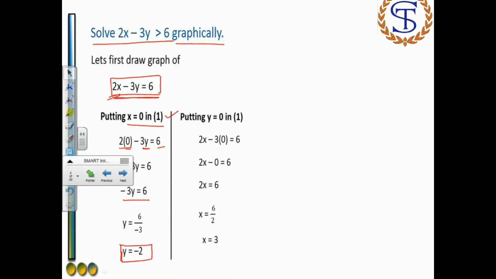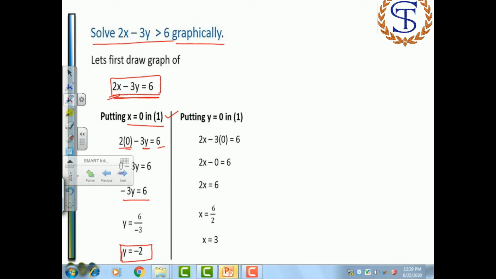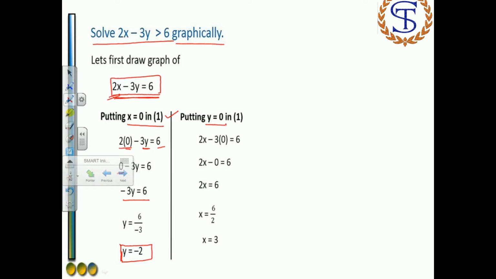Next, if we put y equal to 0 in this same equation number 1, see, 2 into x minus 3 into 0 equal to 6. It is 2x minus 0 equal to 6. 2x equal to 6. x equal to 6 by 2, that is 3.